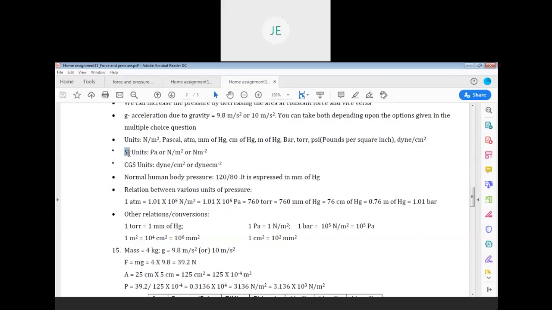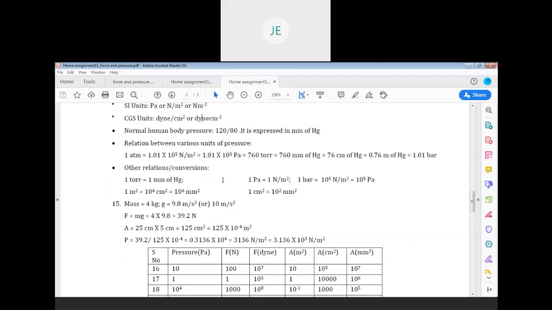They are all units only. Specifically, SI units are Pascal or Newton per meter square, or Newton meter to the power of minus 2. And CGS units are dyne per centimeter square or dyne centimeter to the power of minus 2.